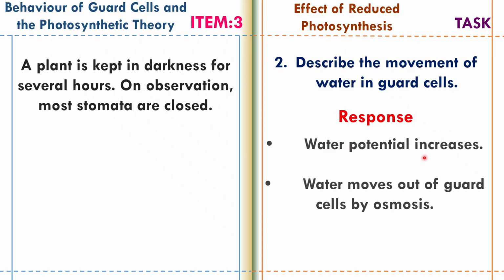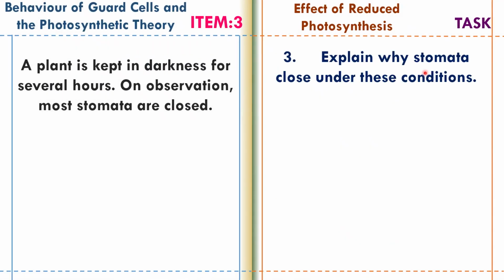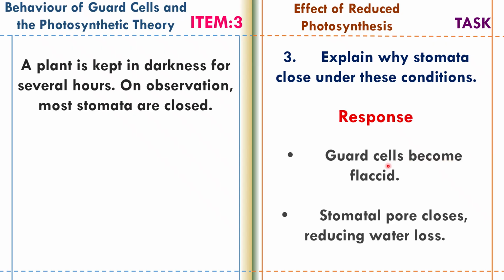Water potential increases. Water moves out of the guard cells by osmosis. Explain why stomata close under these conditions. Guard cells become flaccid. The stomatal pore closes, reducing water loss.